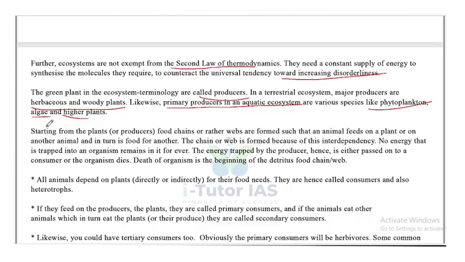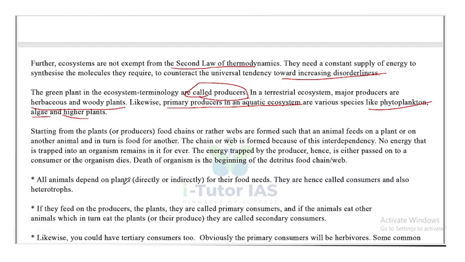So who are producers? These are the green plants in the ecosystem terminology.